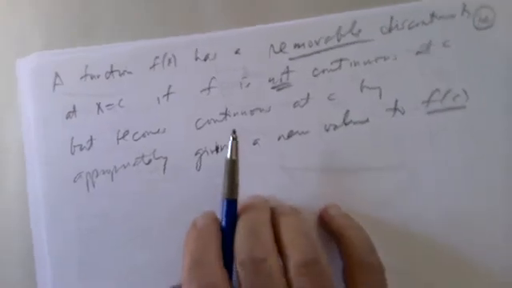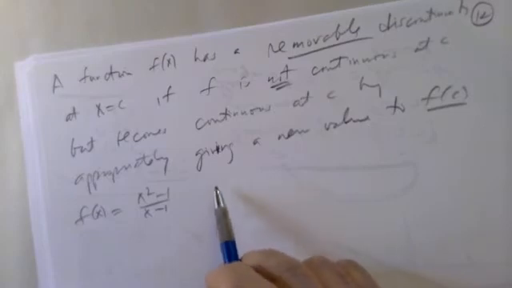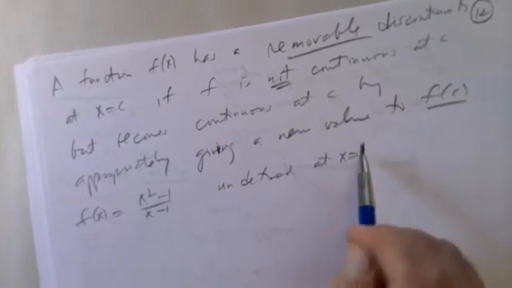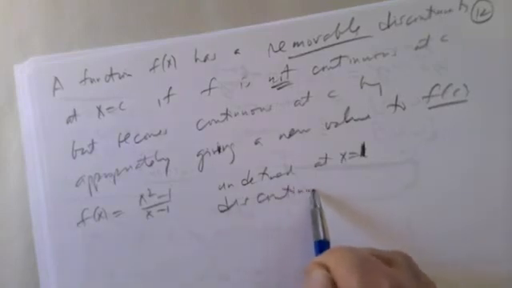So let me give a simple example of this. Suppose f of x equals (x squared minus 1) over (x minus 1). This is undefined at x equal 1. You would get 0 over 0. So it's discontinuous at x equal 1.